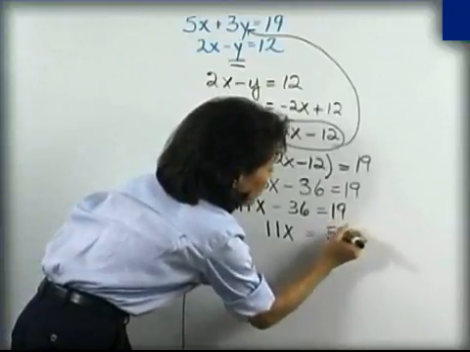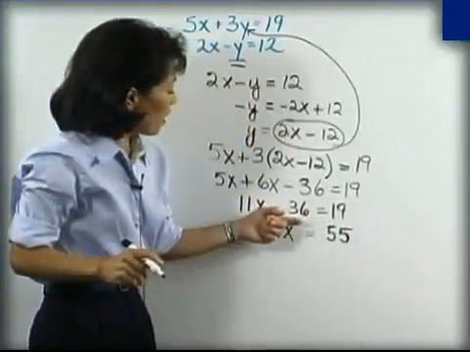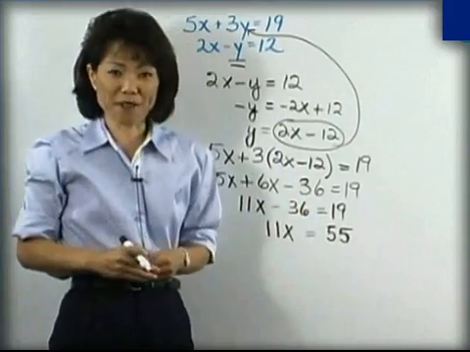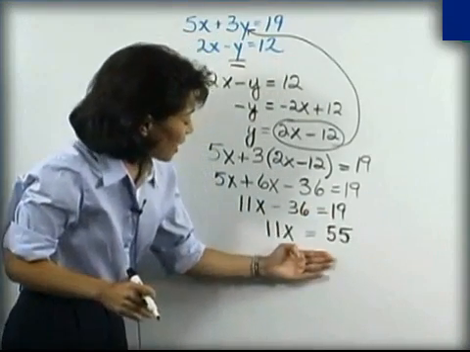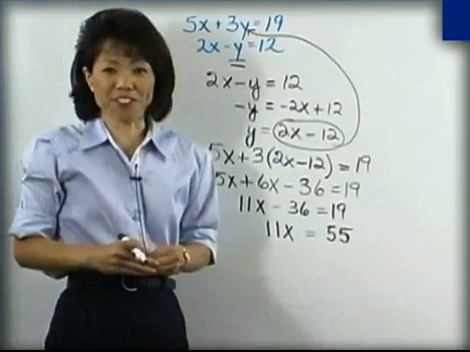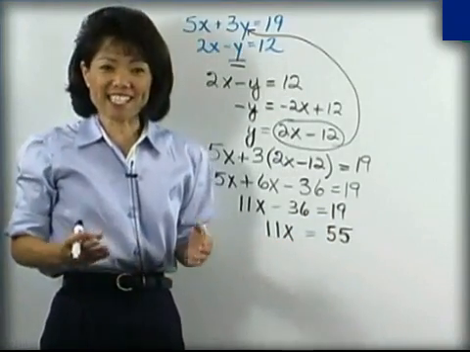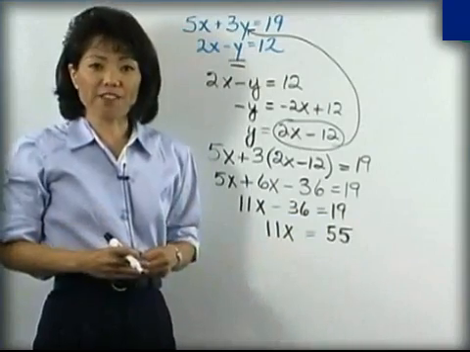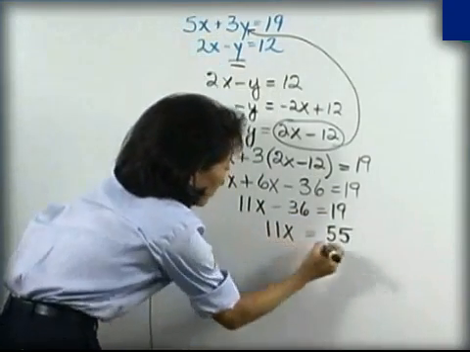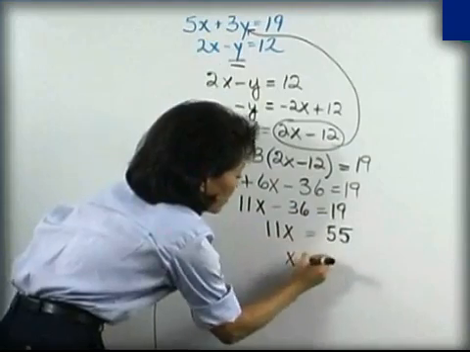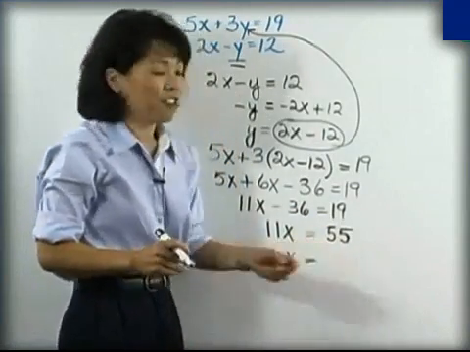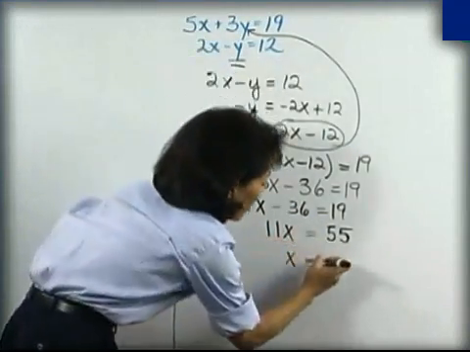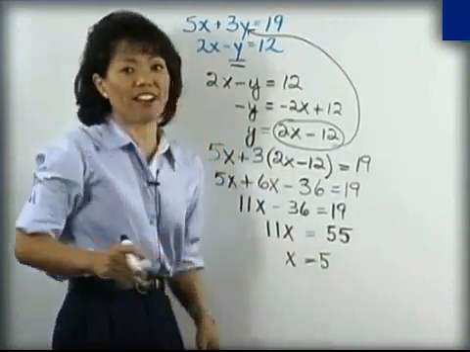And notice that's positive 55 because I add positive 36 to both sides of my equation. Now finally, I'm at the point where I have 11x equals 55. I'm sure you can easily see that the last step here is to divide both sides of the equation by 11. Dividing the left-hand side by 11 simply gives me x. Dividing 55 by 11 gives me x is equal to 5.